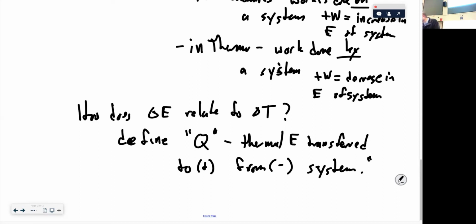The textbook and most people call this heat. A delta energy, heat is not a physical thing. Heat's a bit of a misnomer, but it's a very useful concept for thinking about this. It is how much energy you have taken into or out of the system by simple thermal contact with something else.